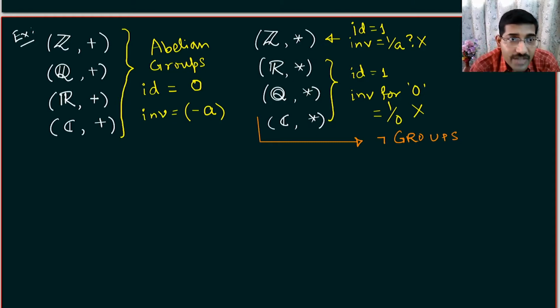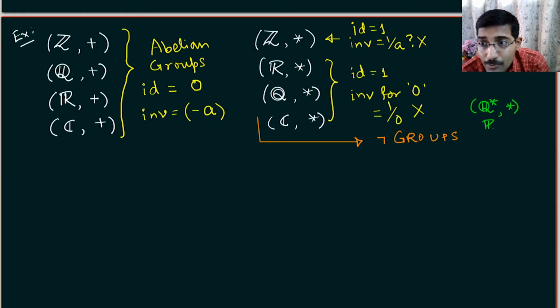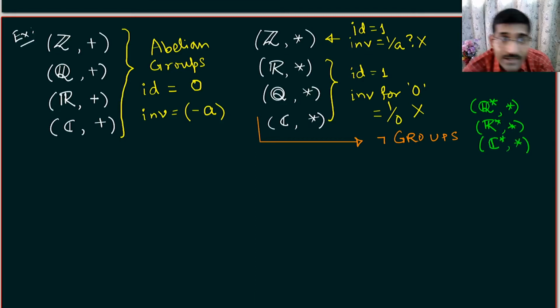Whereas if we change these sets a little bit, let's say we have the non-zero elements of Q, non-zero elements of R, and non-zero elements of complex C with multiplication, then this forms a group.